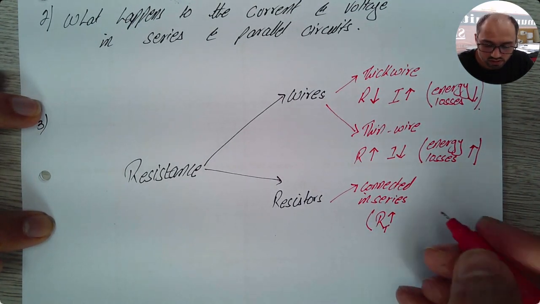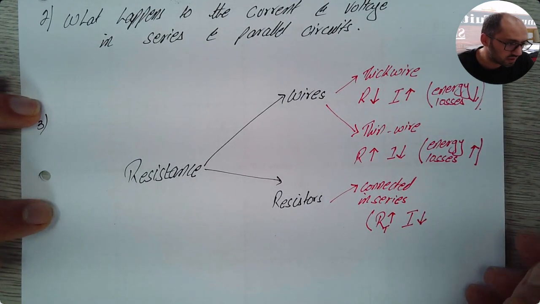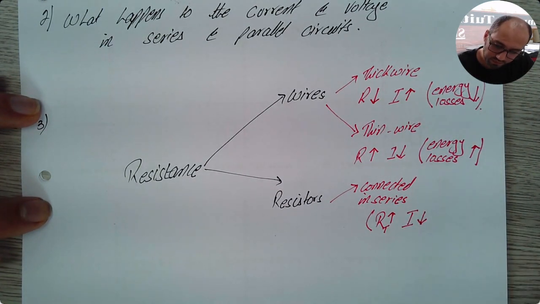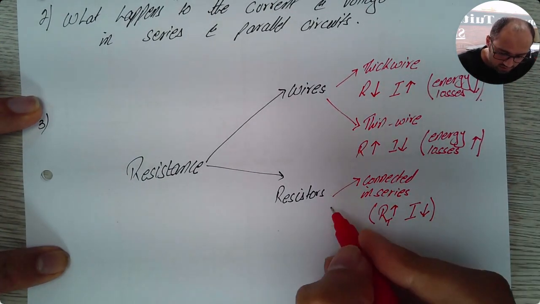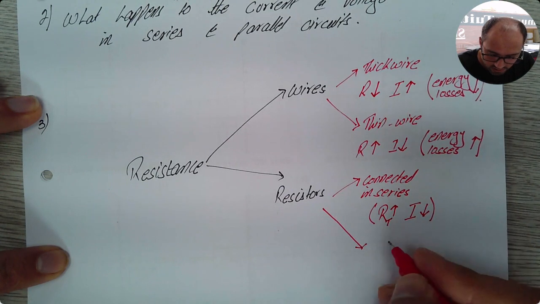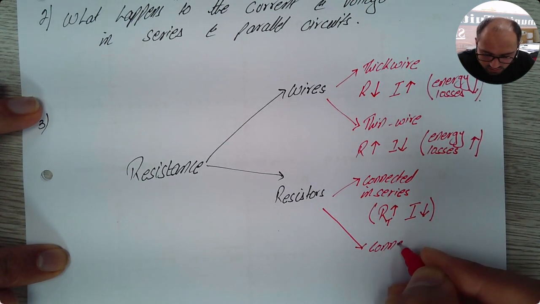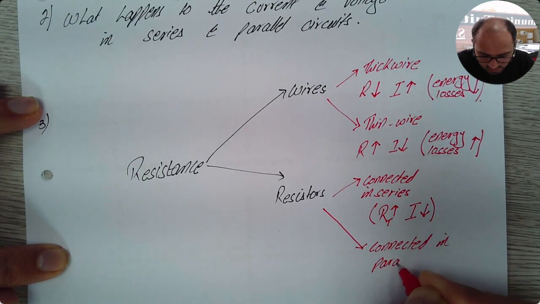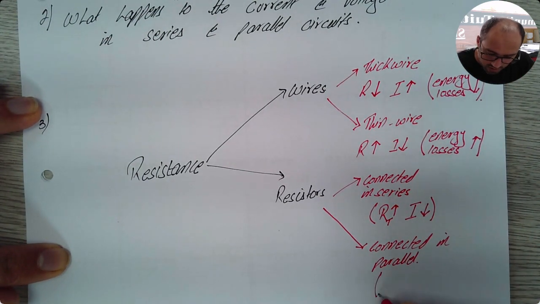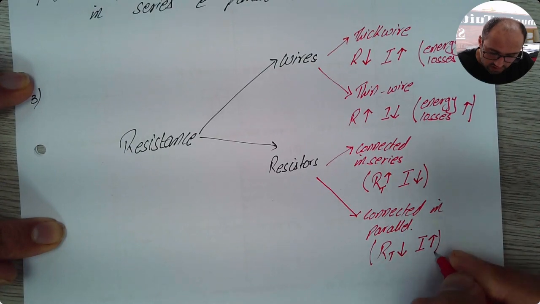If the resistance increases, then the value of the current will decrease in that circuit. What if we connect resistors in parallel? If they are connected in parallel, then my total resistance will fall down and more current will be carried in the circuit.